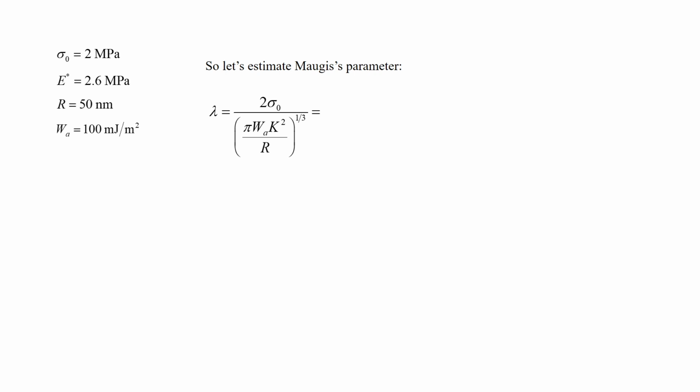So, we estimate the Maugis parameter. So, the Maugis parameter we want to estimate. So, let us say sigma 0 is 2 megapascal, 2 times 10 to the power 6, and here it is pi, 100 times 10 to the power minus 3, and K is 4 E star by 3.